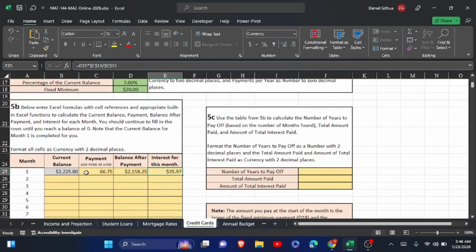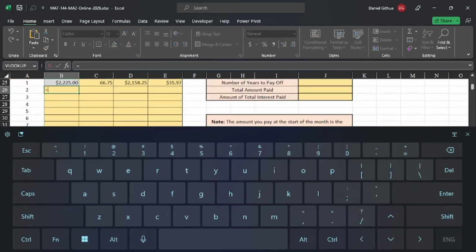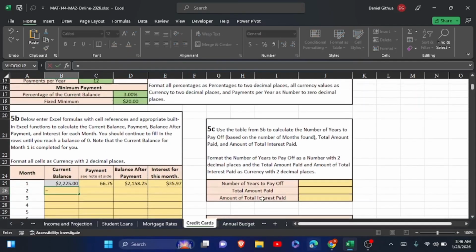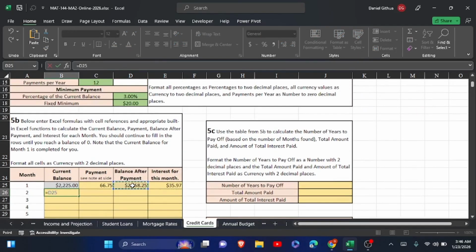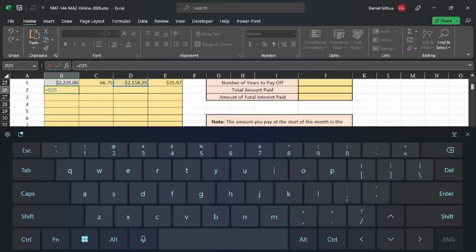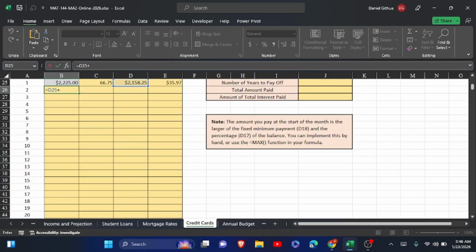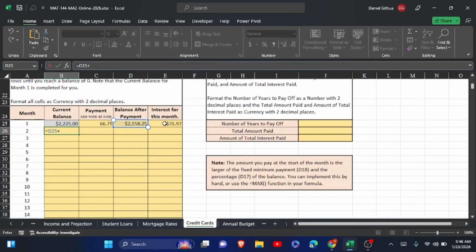Then you compute the current balance, given by equals the balance after payment for month 1 plus the interest for this month for month 1, and that is the current balance.